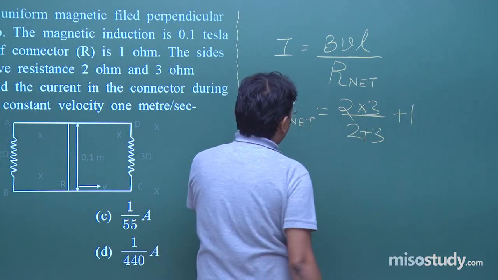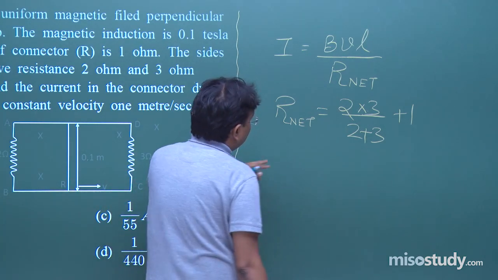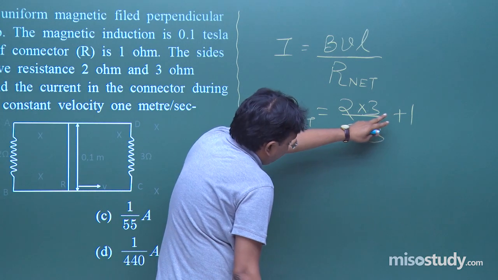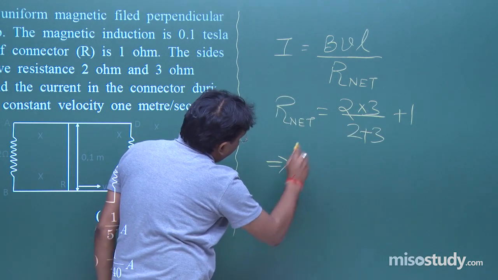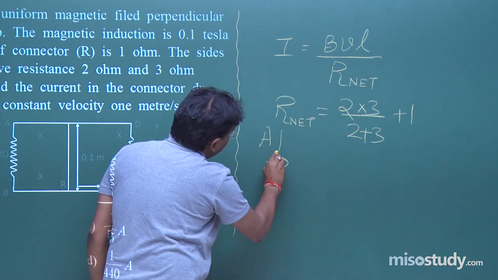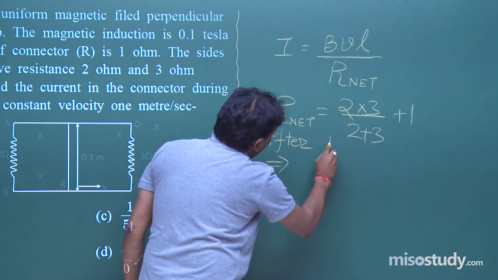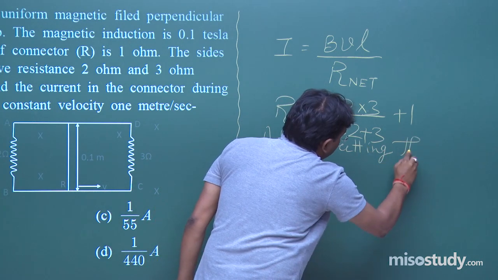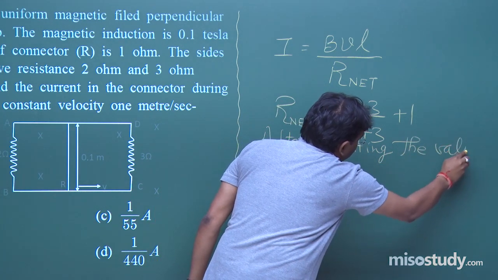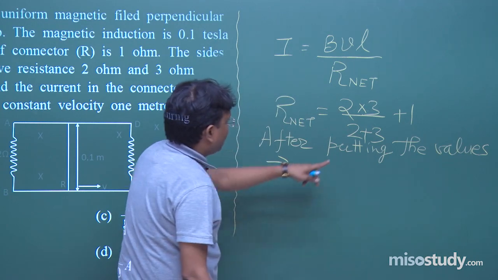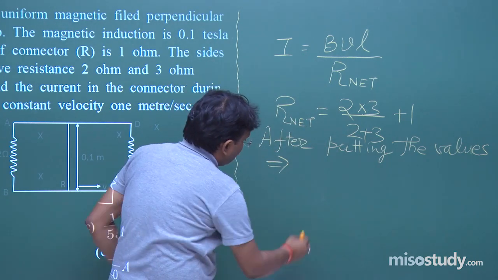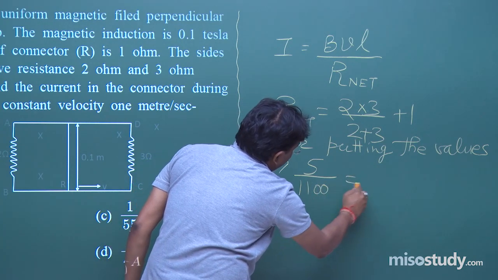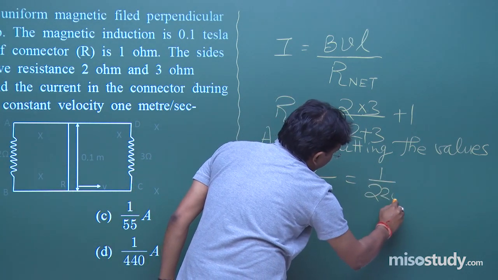As the values are given, this is parallel and then this is in series. So, it will give you 6 upon 5 plus 1. After putting the values, you will get the answer in ampere.